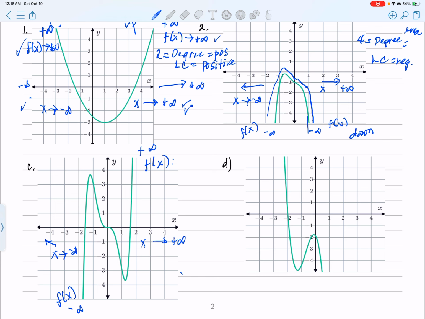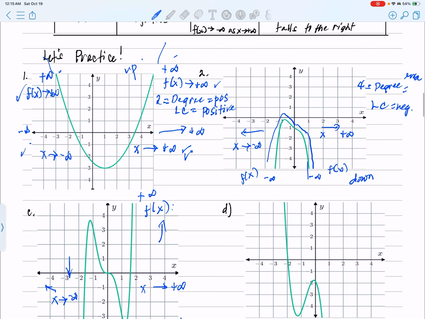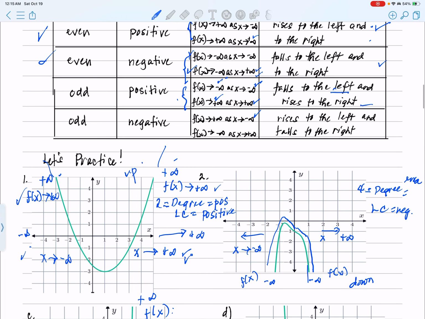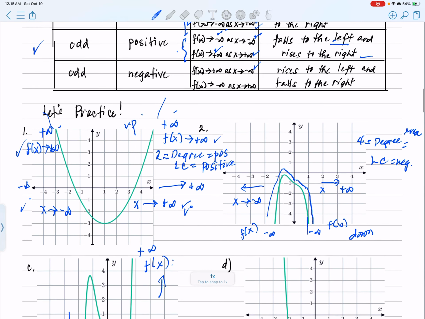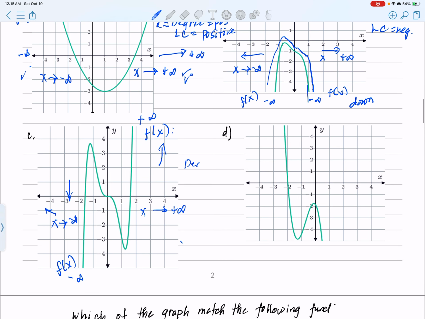Rise to the right, right here, and falls to the left. So it belongs to the third category there. The degree is odd, right? And the leading coefficient is positive.